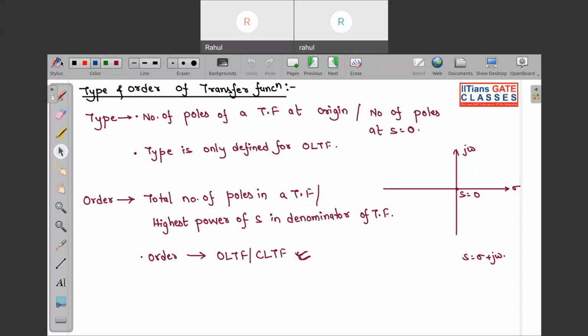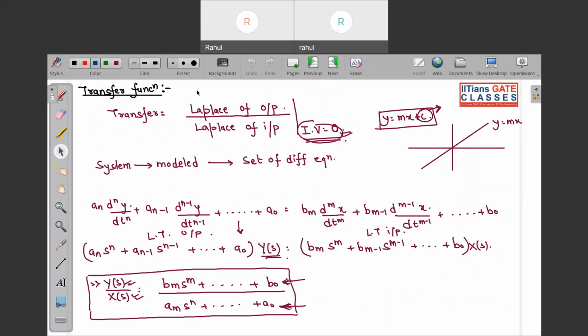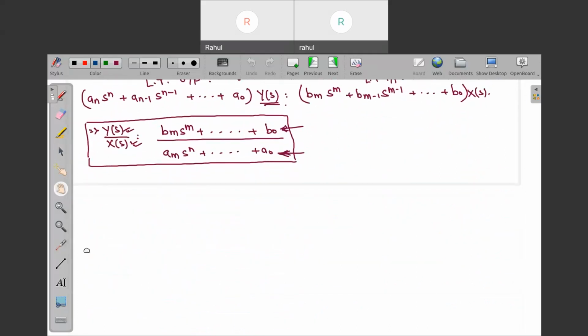Before that, I wanted to discuss a few things regarding the transfer function. If we have a system, something like this, let y(t) be the output in the time domain and x(t) be the input in the time domain.